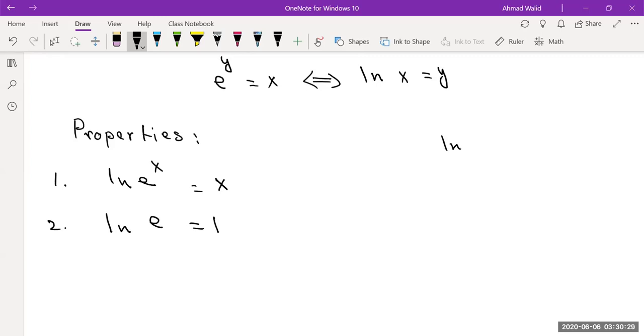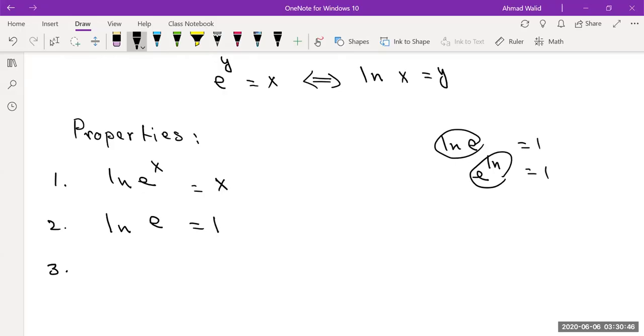Every time that you see ln close to e, ln e, or e to the power of ln, this part, the answer is 1. Correct?